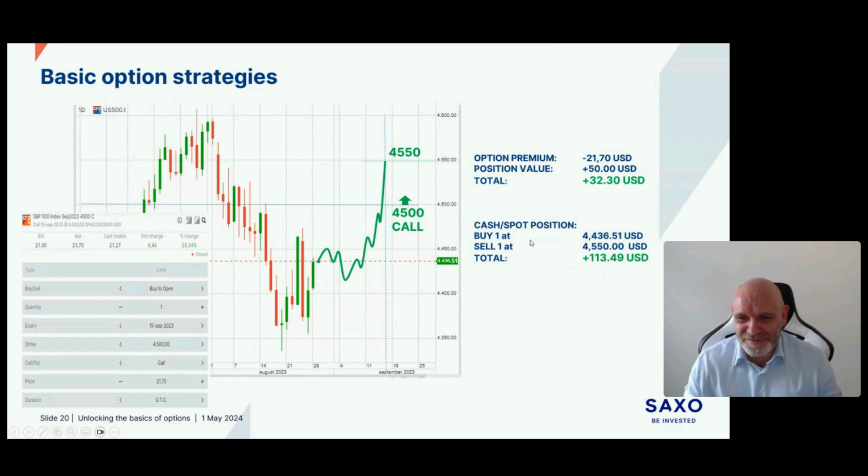If you look at the cash spot position, you would buy the underlying at the whole price, and you would sell it at 4,550, and then you will actually make 113, which is a lot more than with the option.